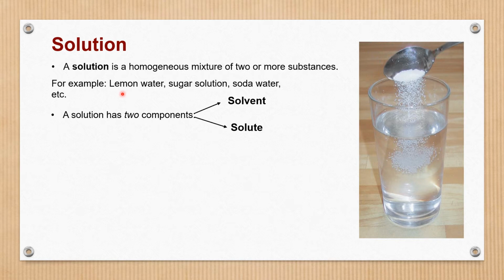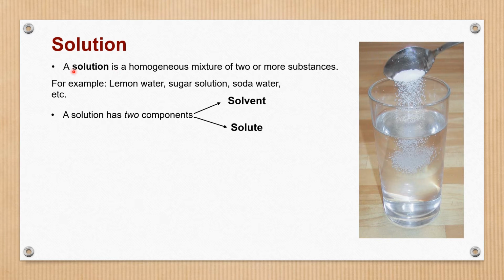So that is lemon water, that is a solution. And sugar solution, that we already discussed. And soda water. Soda water means carbon dioxide gas dissolved in water. In that case we cannot see any physically distinct part in soda water, and that water is very clear. So that is why it is a solution.